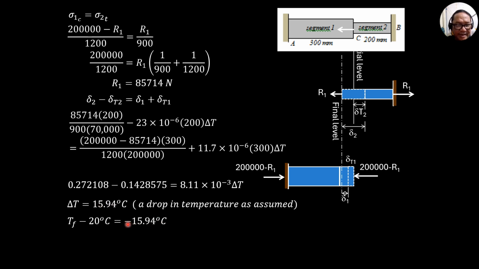So that's why this is treated negative, so that segment 2 will be in tension. So if it contracts, the segment 2 will be experiencing tensile stress. So the final temperature is positive 4.06 degrees Celsius. So that's it for that problem.